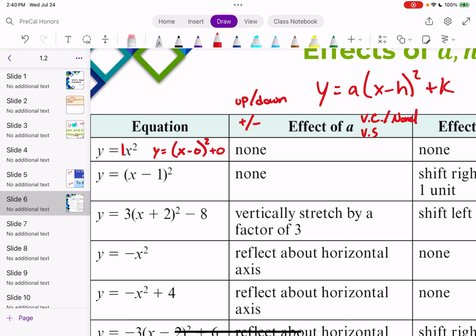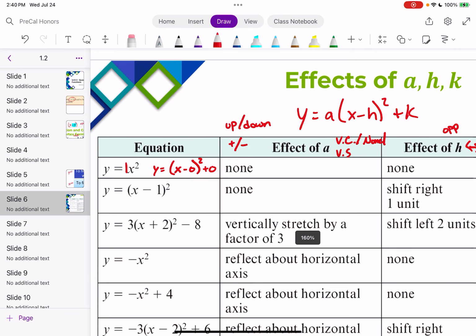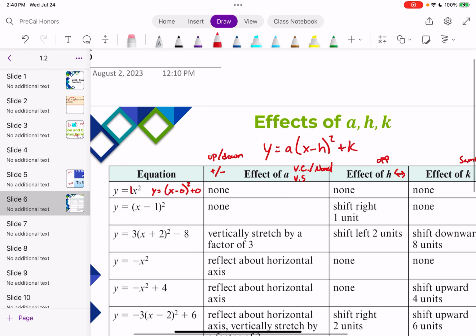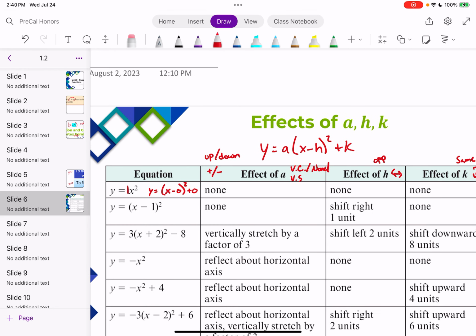What's the effect of the A? Well, there is no negative in front, which means it's going to be positive. It doesn't move as far as a vertical compression or a vertical stretch, which means there is not going to be a transformation on A. When we look at H, notice there is no H, so there is no movement left and right. And for K, there is no number there, which means there is none.